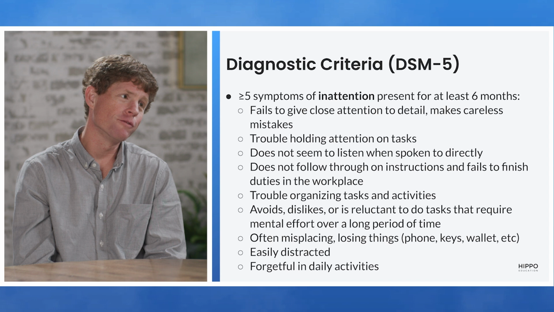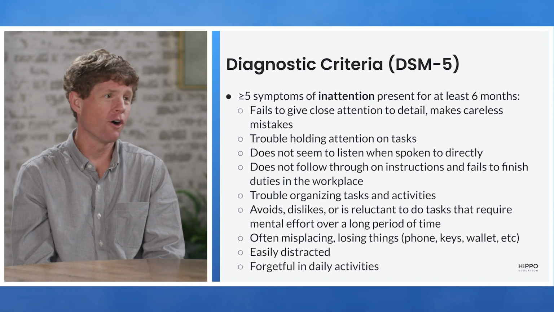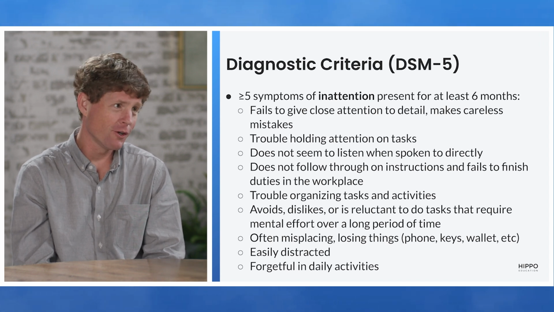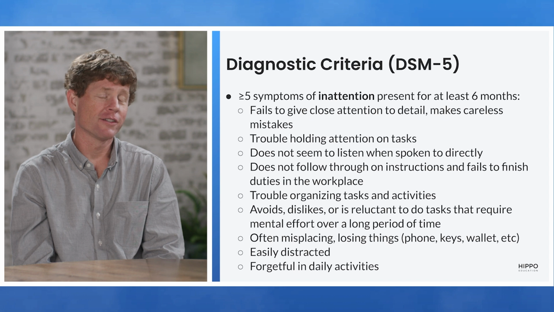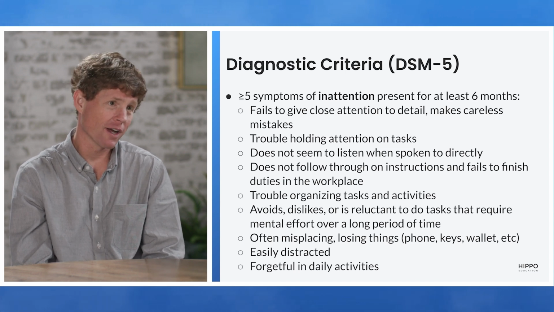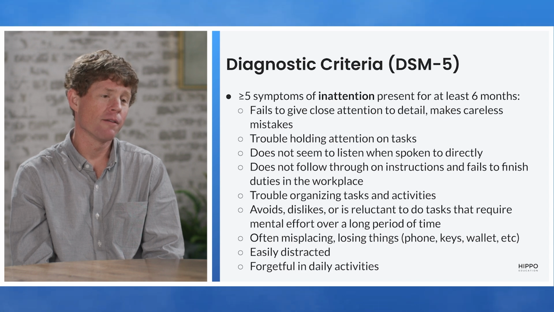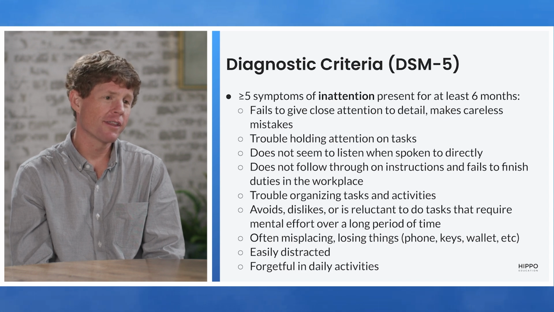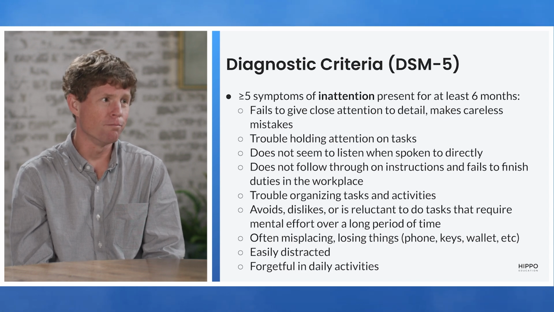People often lose phones or keys or homework or job assignments, computers, etc. Sometimes people don't seem to be listening or paying attention when you're having a conversation with them. It's something that can really impact ability to concentrate in multiple settings.